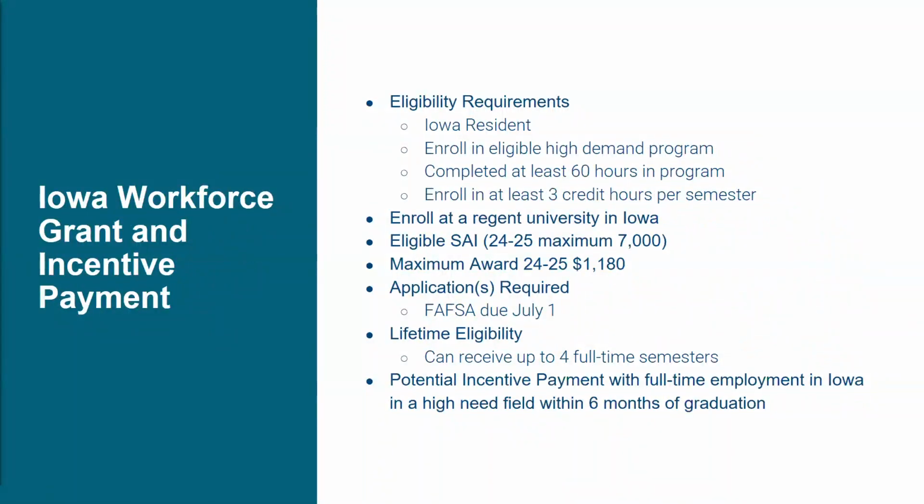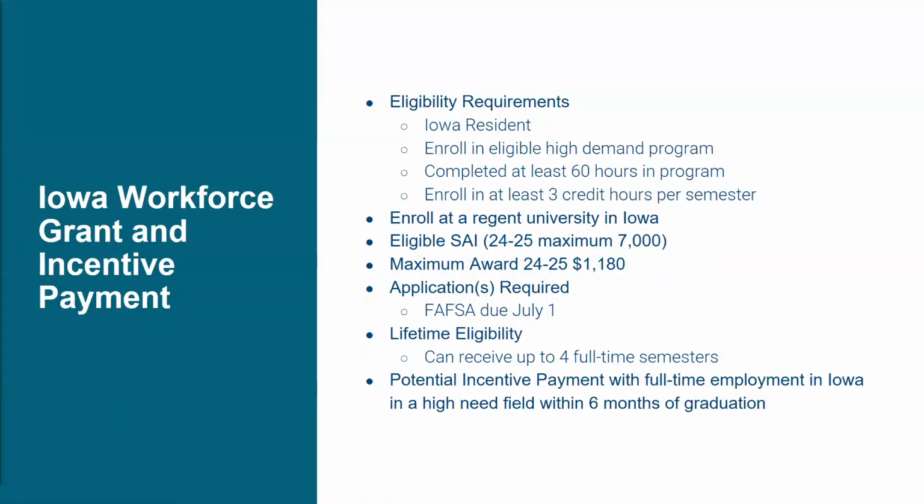The Iowa Workforce Grant and Incentive Payment is for Iowa residents who enroll in high demand programs. You don't receive this until you've completed at least 60 credit hours in the high demand program. It's meant for kind of a payment towards the end of a program. You need to enroll in at least 3 credit hours per semester at a Regent University in Iowa.